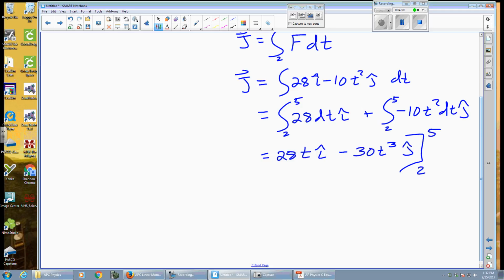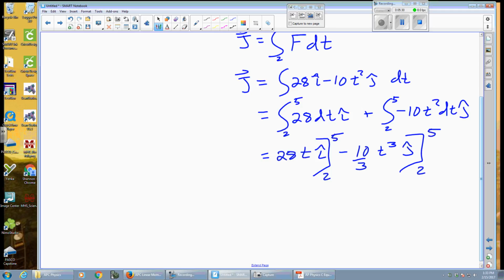You can think of each of these as evaluated separately. And then, of course, change is final minus initial. When I take the derivative of this, the 3 comes down, right? Yeah, I did it the reverse way, sorry.